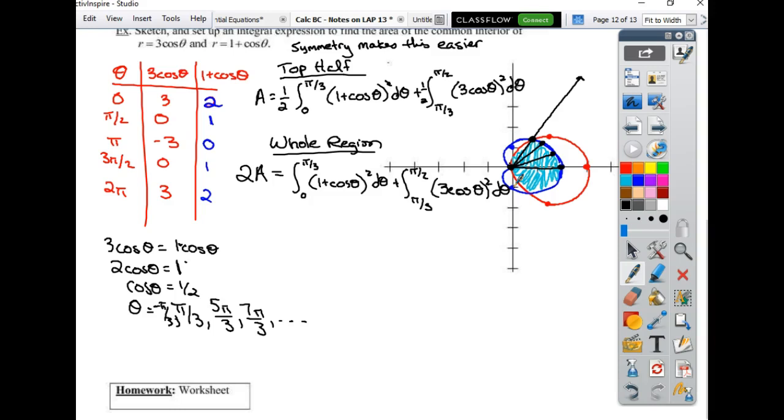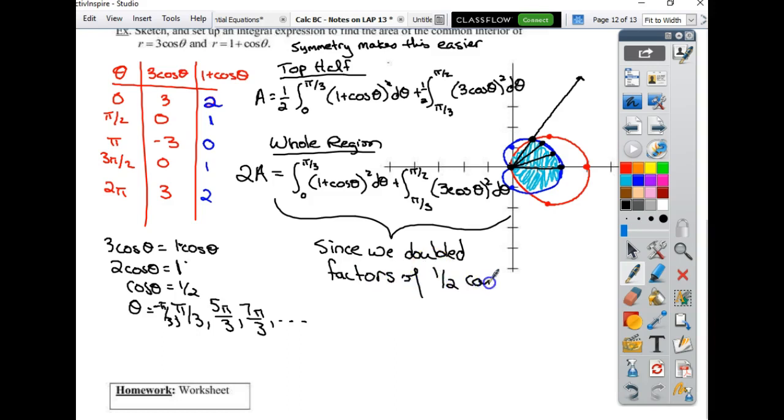Whoa! And what's the only difference between whole region and top half? Since we doubled, the factors of 1/2 cancel.